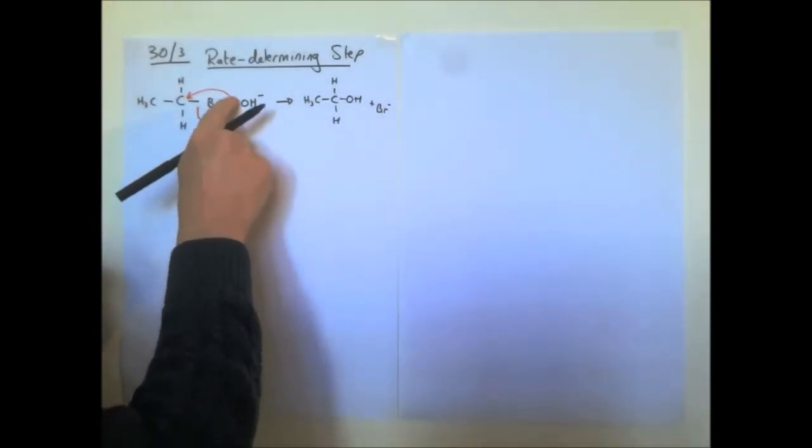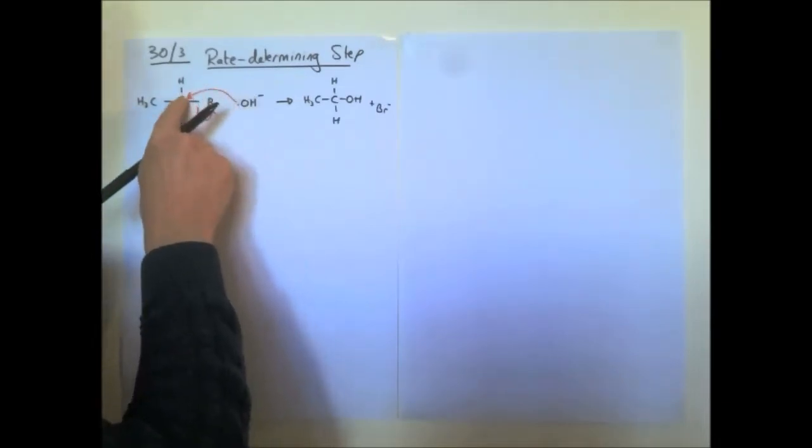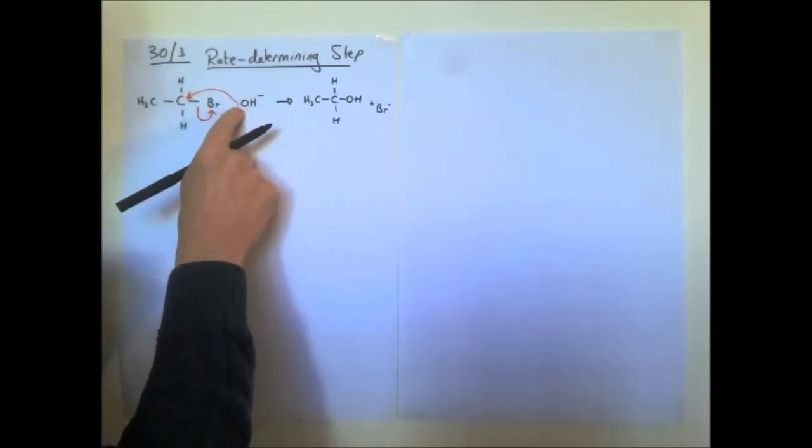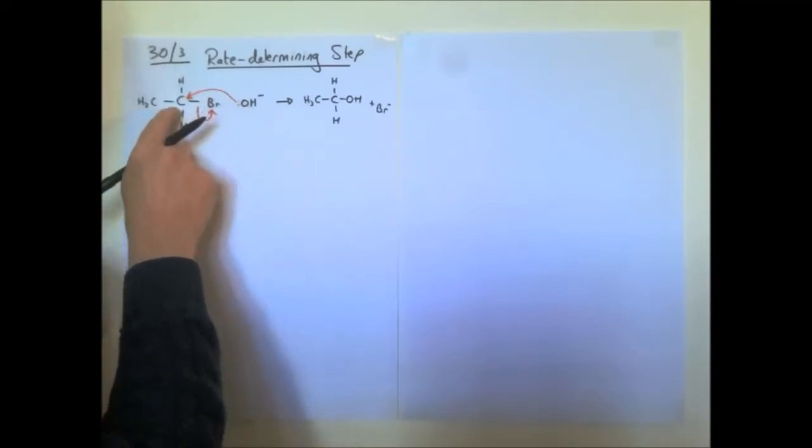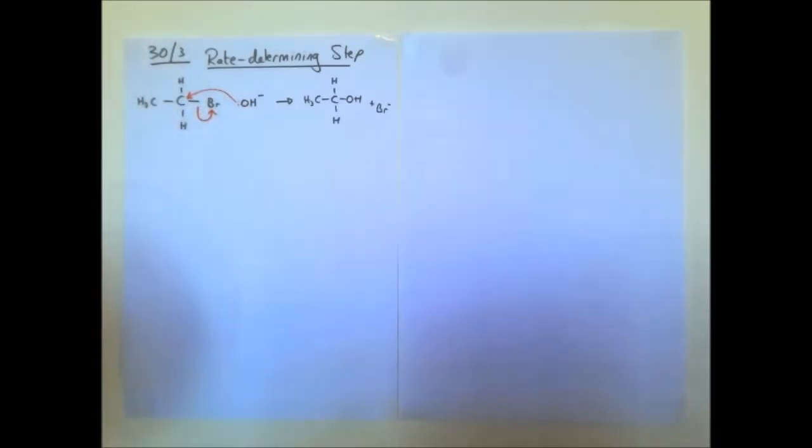Remember the curly arrow shows the movement of a pair of electrons attacking from the OH minus, attacking the carbon, attacking that carbon there.